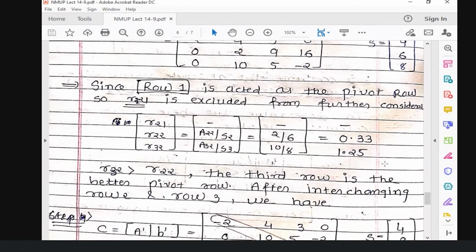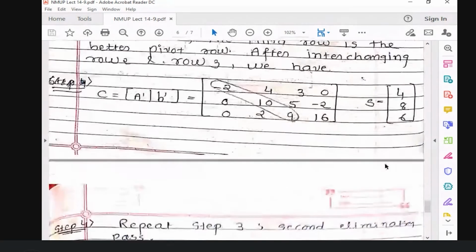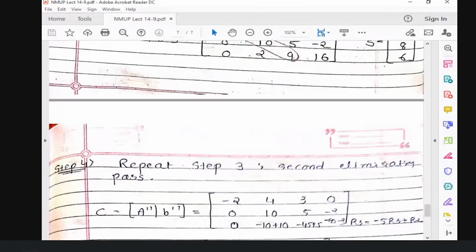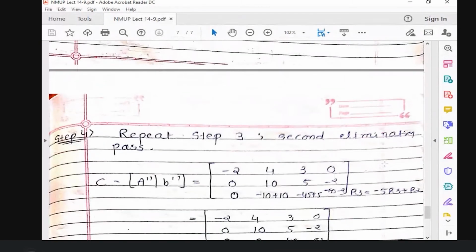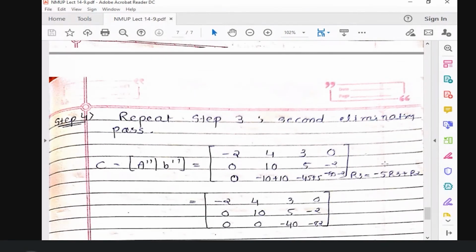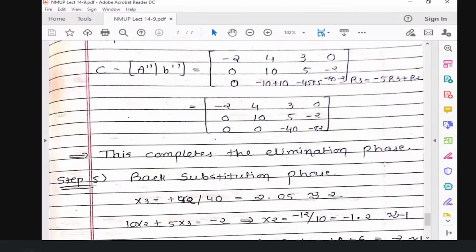And how many times do you have to do these things? Until our augmented matrix converts into the upper triangular matrix, right? So after this fourth step, we got C is equal to 0 and 0, but still one element is not 0. Then again we have to do the steps, right?